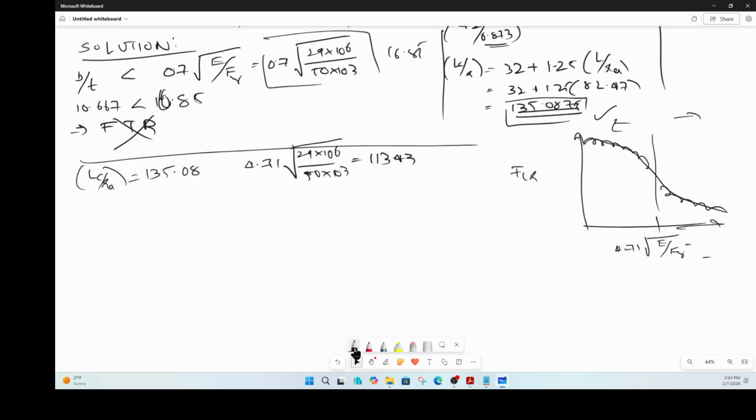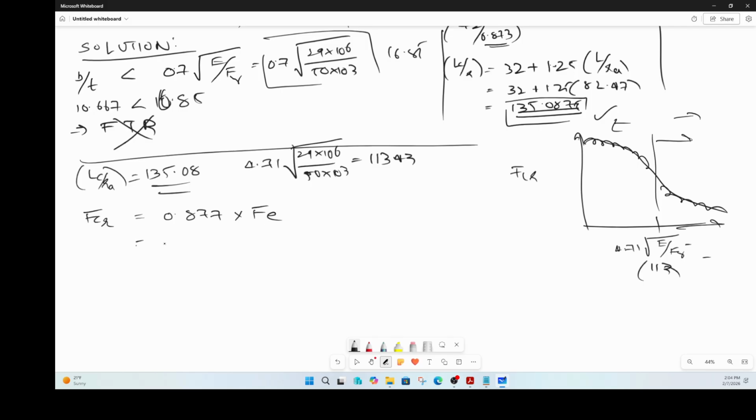Okay, so this limit is 113, whereas my value is to the right of it. So we are here. That means elastic buckling is going to happen. That means our FCR equation, if you go back to the code, is 0.877 times your FE value.